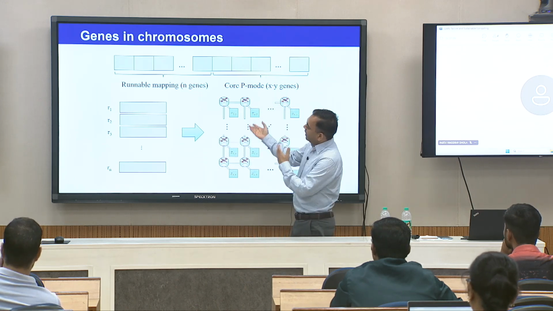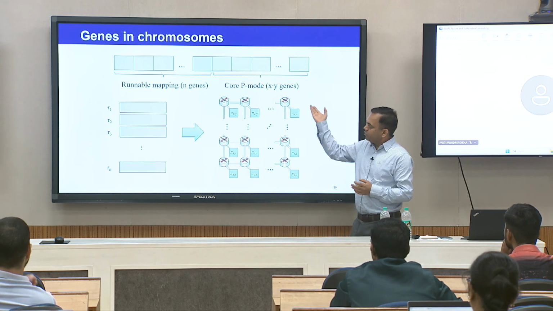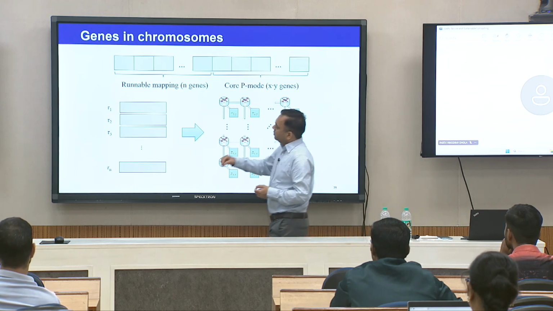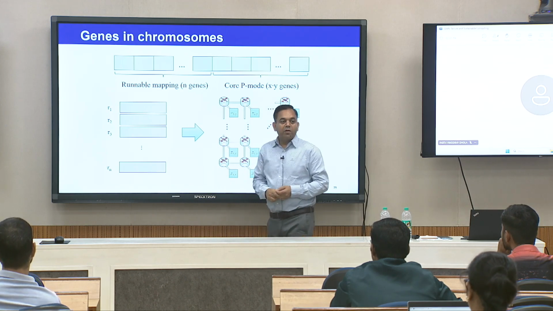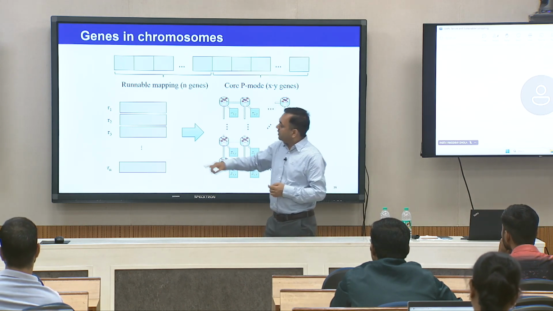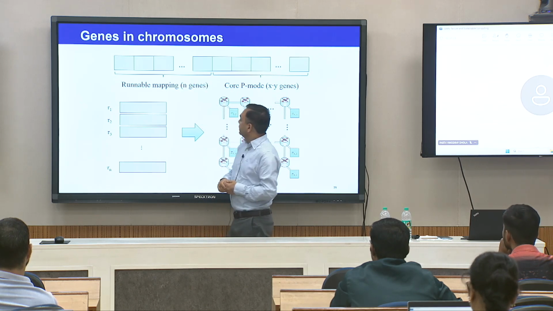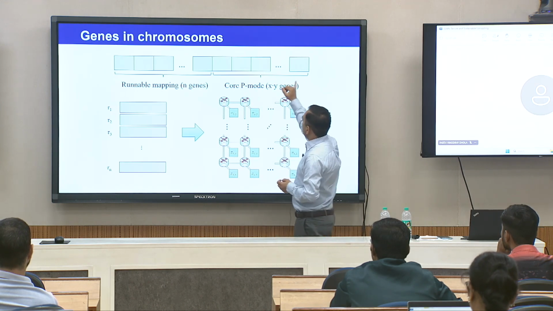Now this is the platform, and the application has to be represented in some gene format. For each runnable we take one gene, so if we have n runnables, we take n genes. And for however many cores we have, we take that many extra genes as well.